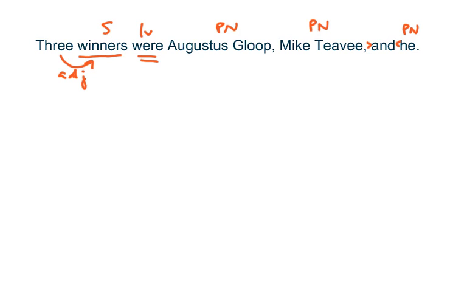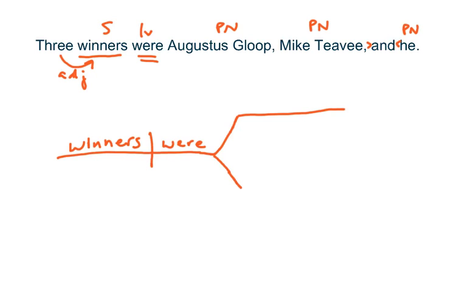All right. So when we diagram this, we can have more than just two markings or spaces for a conjunction. Winners were. We just add however many little branches we need. I'm going to have to make this wide so I have room to write. Were. I have three of them that I'm joining together with this conjunction, and.